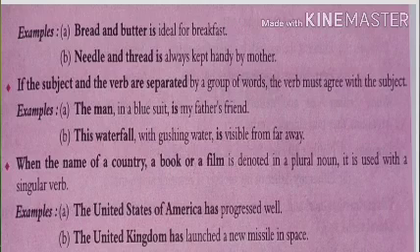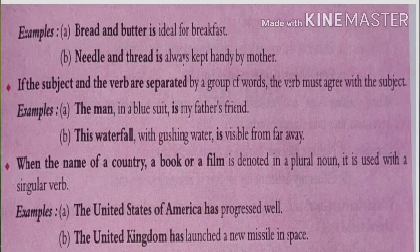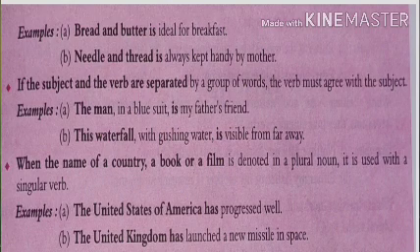When the name of a country, a book or a film is denoted in a plural noun, it is used with a singular verb. However, they may have s, but because it is the name of a country or book or film, we have to consider it as singular number only, like the United States of America.